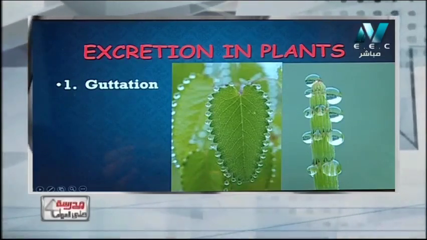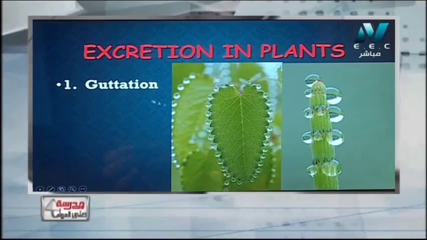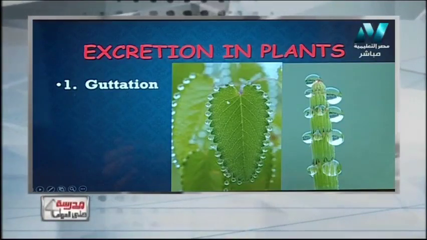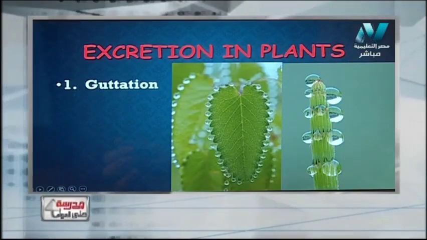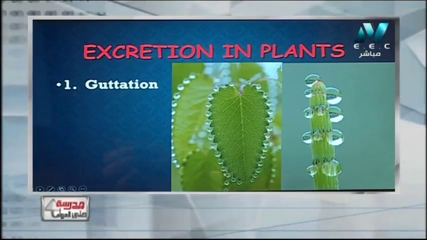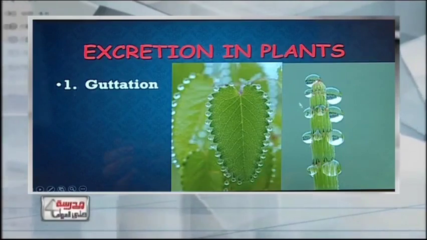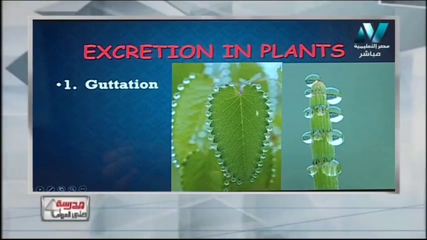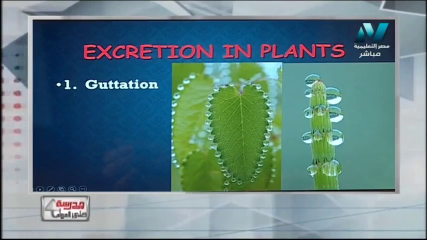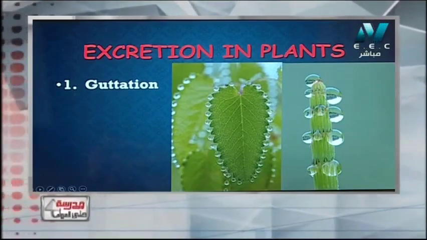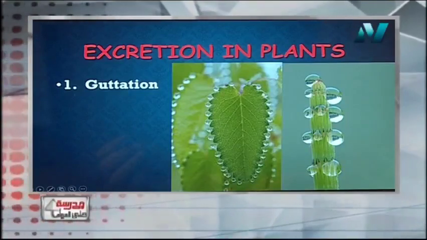This picture or these pictures show what is guttation. Can you notice the drops of water at the edges of this leaf or this one? Yes, these droplets of water, of course, they are liquid water, not water vapor, not in the form of gases, it's liquid.